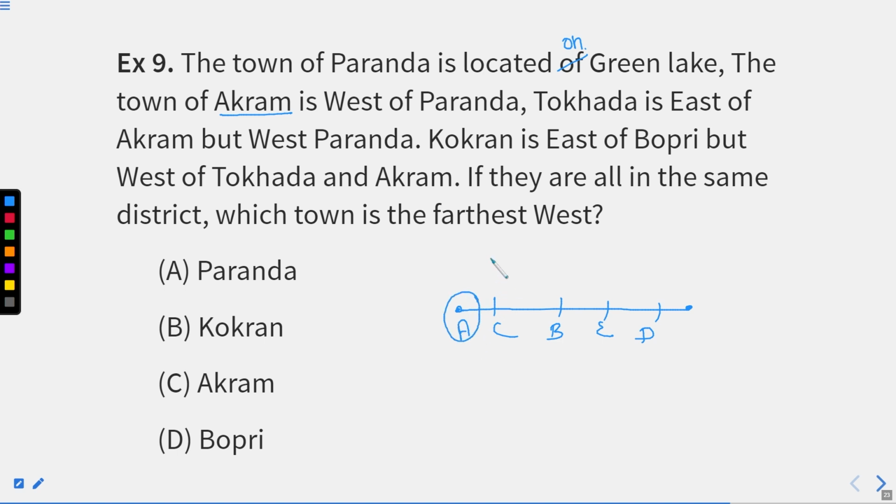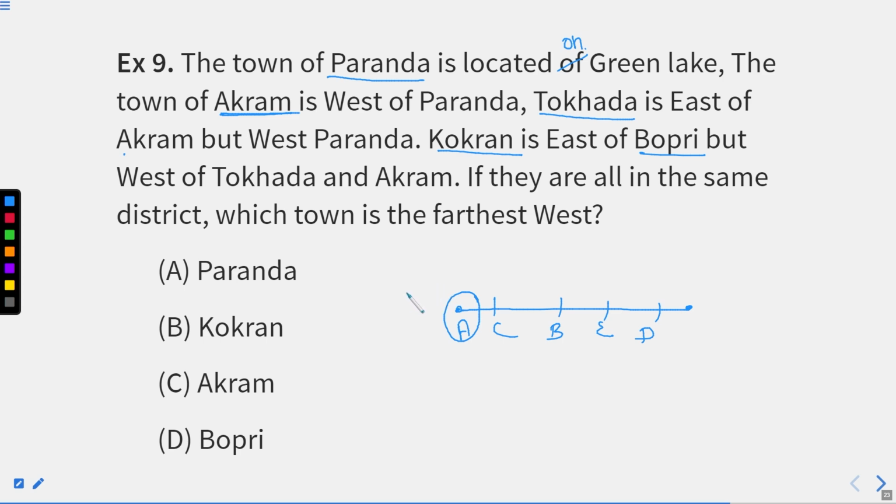Now, as per the instructions given in this question, we have how many persons? The first person, right? Then the second person, then the third person. Accordingly, we have fourth person as well as a fifth person. Total of 5 persons are there, those who are standing in the line. We need to find who is farthest west.